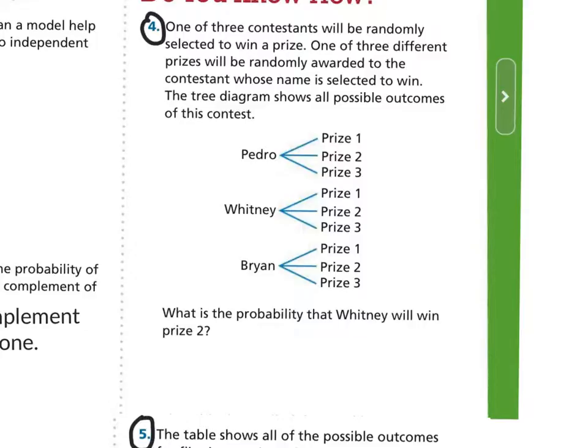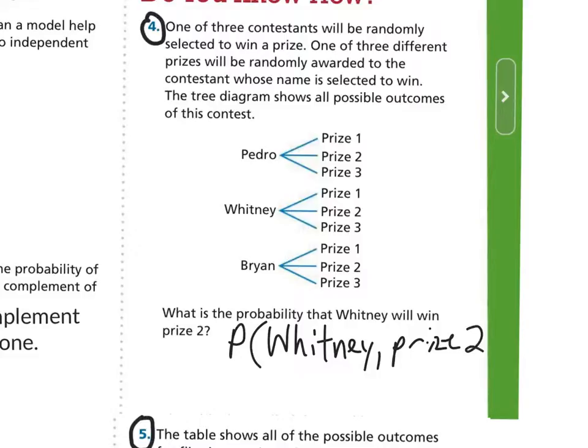So basically what we're doing here is looking at the probability of Whitney and prize 2. One way of doing this is looking at the fractions.